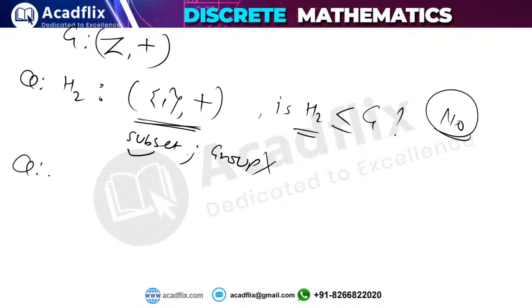Okay, let's see the next question, H3. What is H3? H3 is Z_E, which means the set of even integers. Do you remember Z_E? Z_E means the set of even integers, and plus.